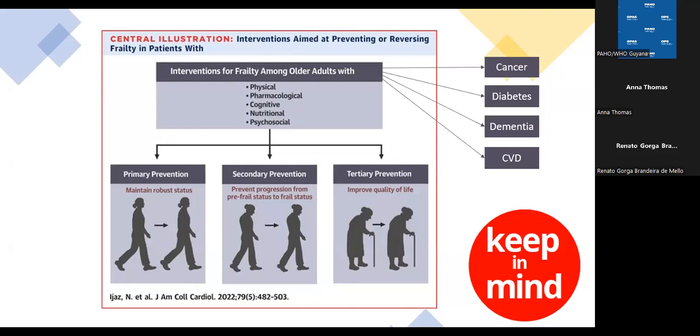Let's prevent the progression from pre-frail to frail status. And if a patient already is frail, let's deliver conducts to improve quality of life. Let's put quality of life as the main outcome to be monitored.